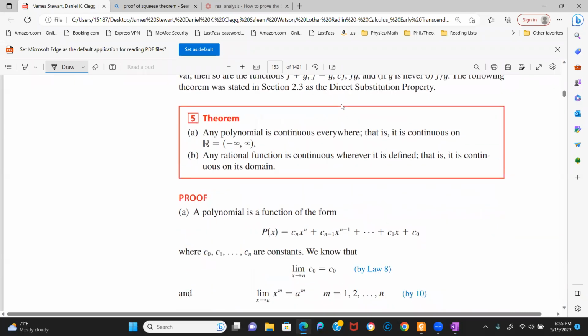So here's just a theorem. Actually, we proved this already, but they're proving it a little bit differently. This proof here is kind of unnecessary, because continuity of polynomials and rational functions follows from the direct substitution property.